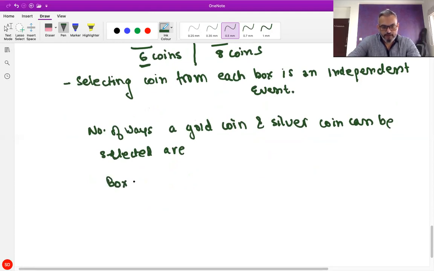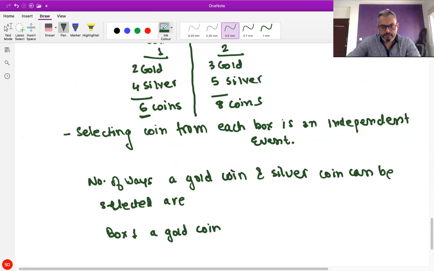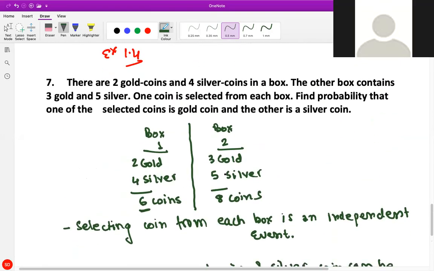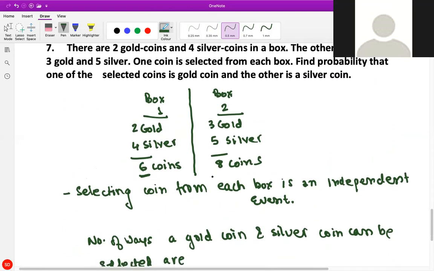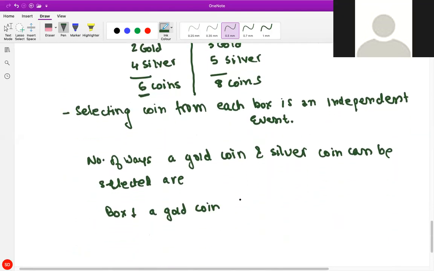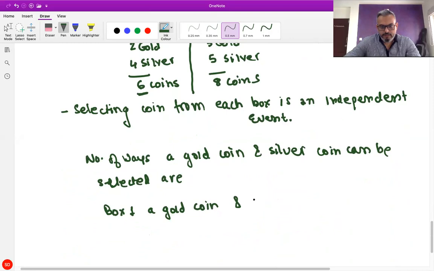Now, from box 1, a gold coin and from box 2, a silver coin.